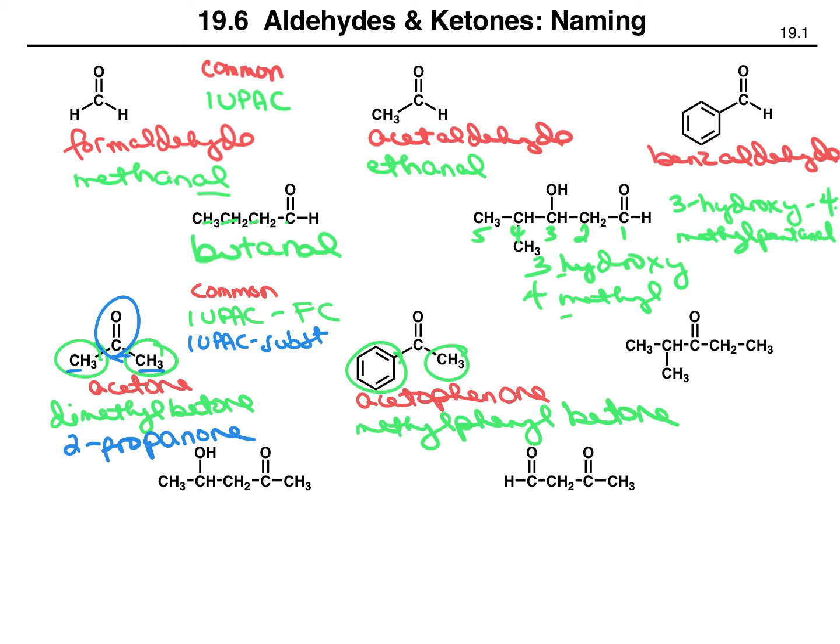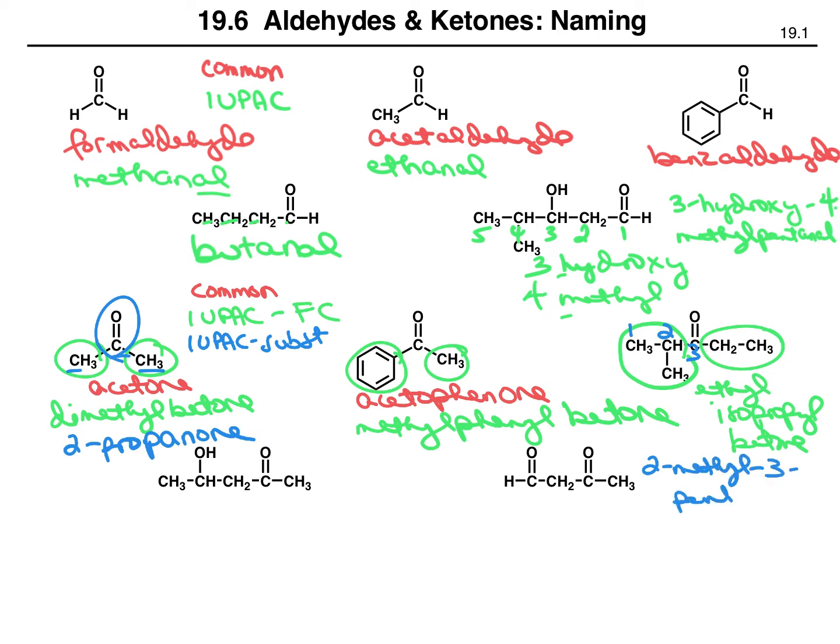So this last compound on the right, we could call this an isopropyl and an ethyl, so we could call this ethyl isopropyl ketone. Or we could call it 1, 2, 3, 2-methyl-3-pentanone. So we have 5 carbons total. There is a ketone at position 3 and a methyl branch at position 2.